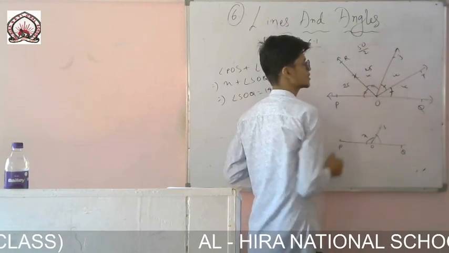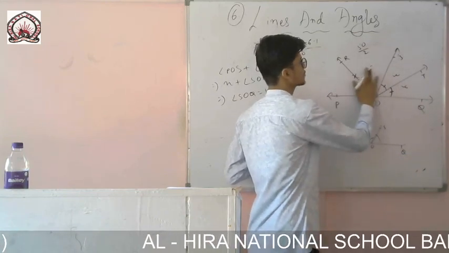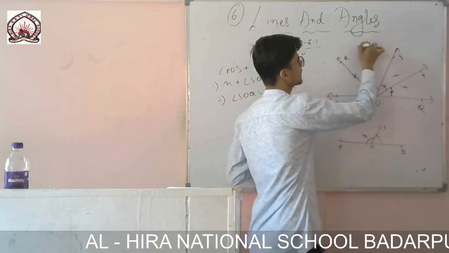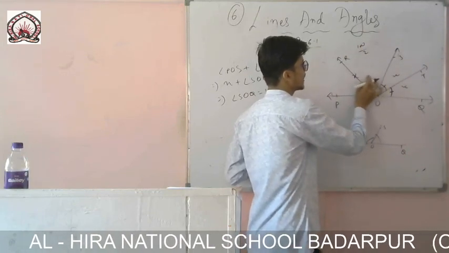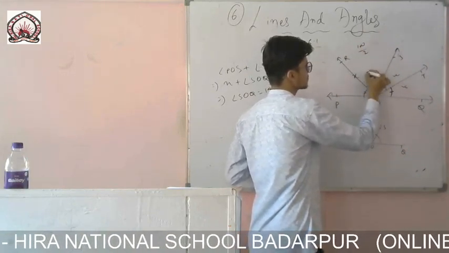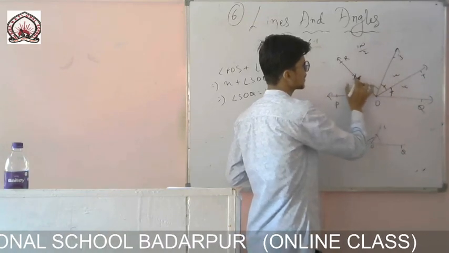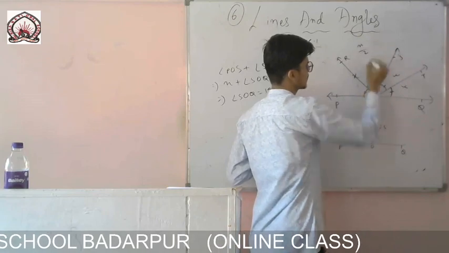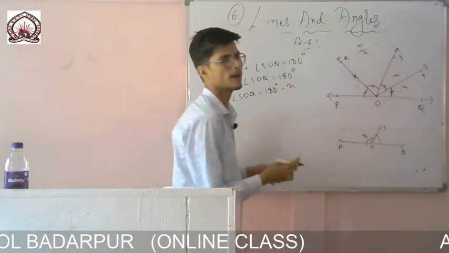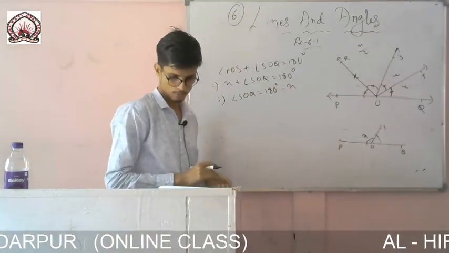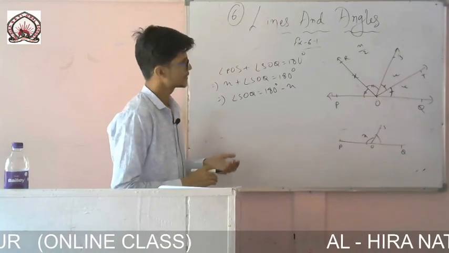This angle will also equal to 25. If this whole angle measures 100 degree, then each part will be divided by 2. That means this part will be 50, this part will be 50. So since here the whole angle measures X, each part will be X by 2 plus X by 2. Okay, that means half angle.